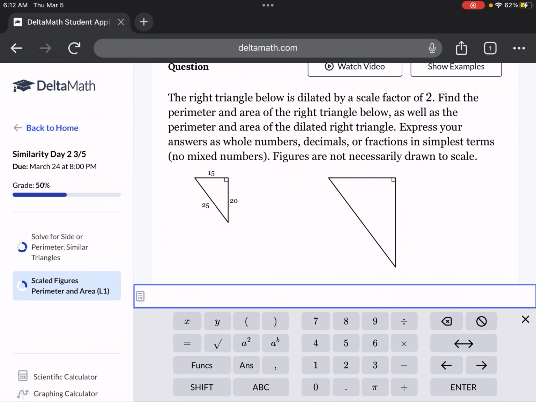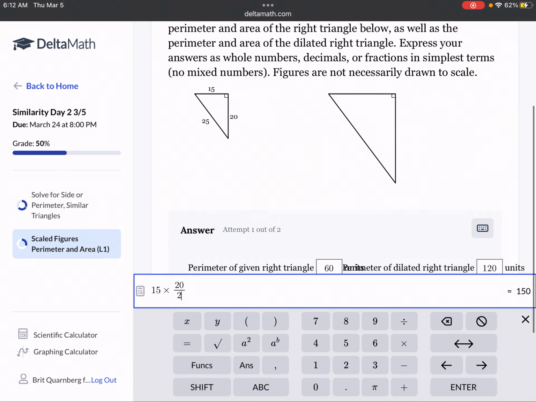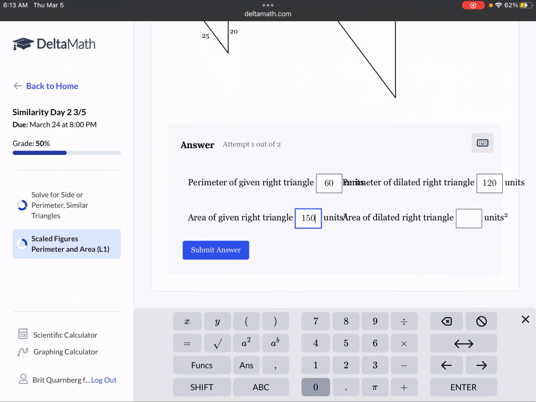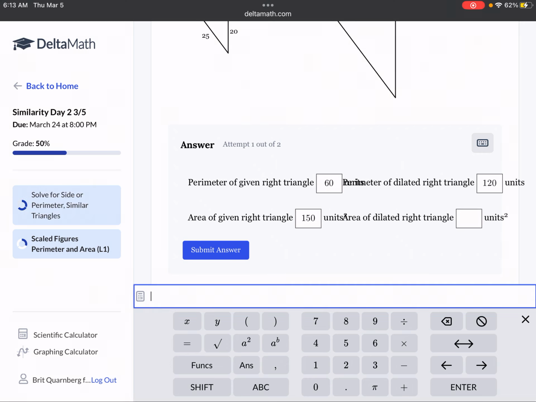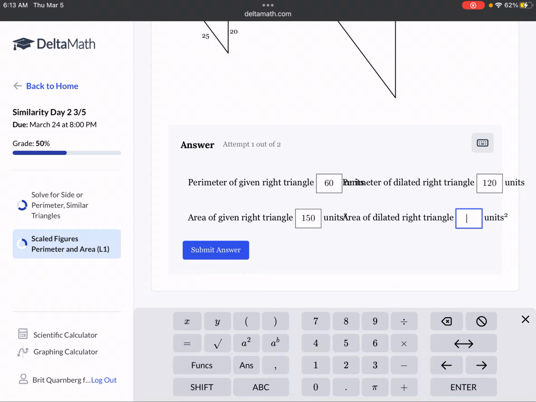So calculator, 15 multiplied by 20 divided by 2 is 150. And then for the dilated one, we're going to take our 150 and multiply it by the scale factor, which in our case was 2, squared. So that's 600.